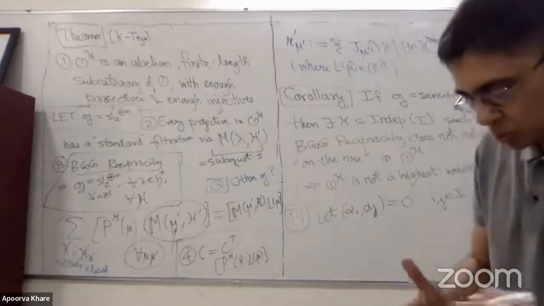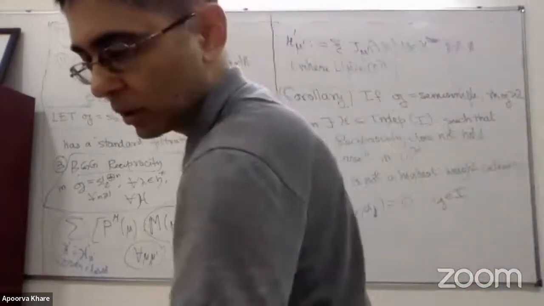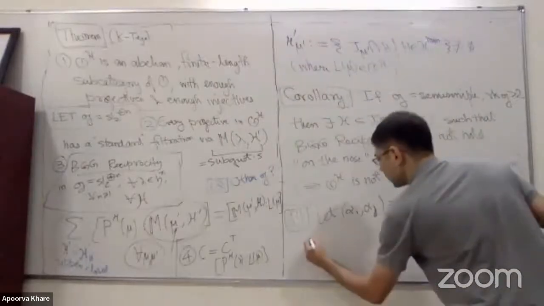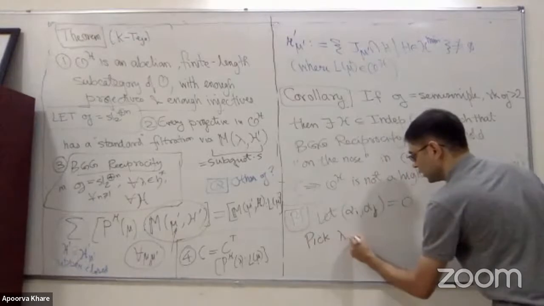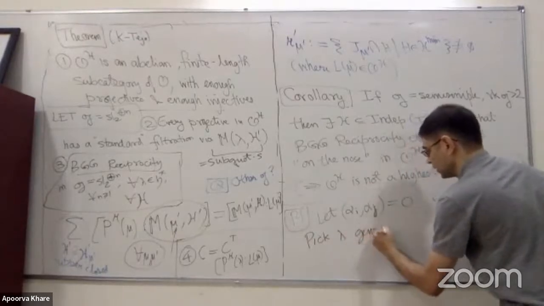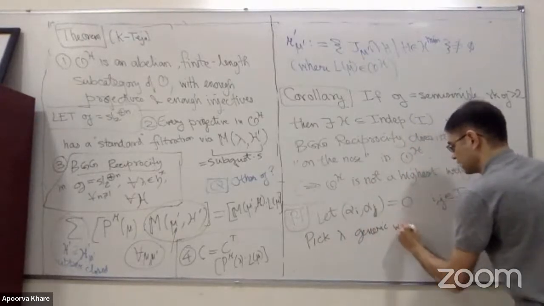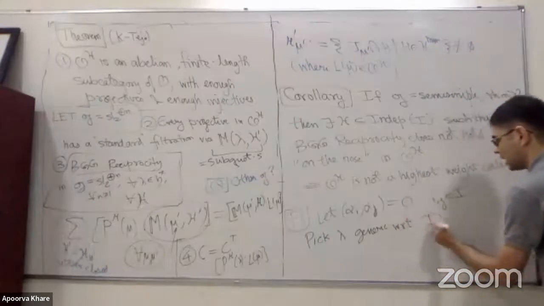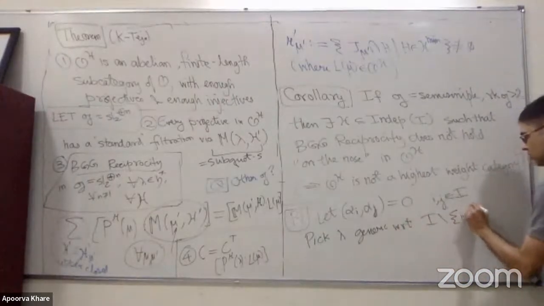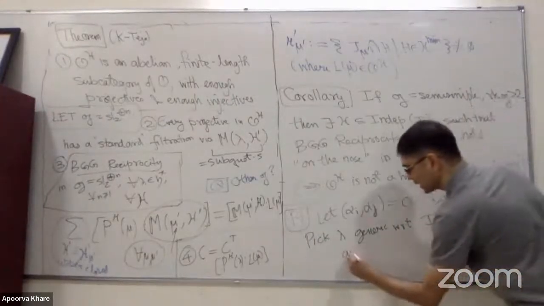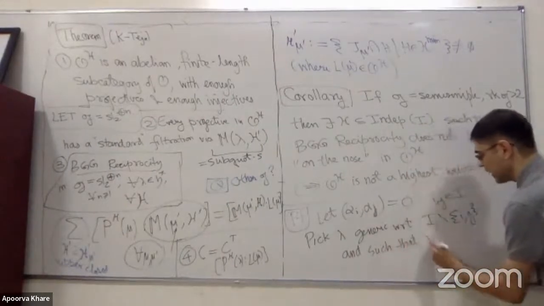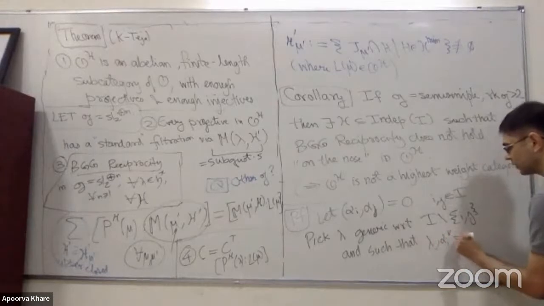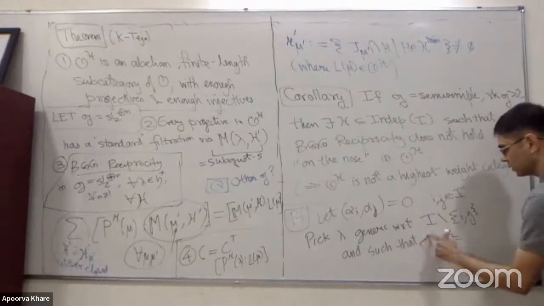And now what I do is choose lambda to be generic with respect to the remaining nodes, I minus I comma j, and such that lambda of alpha I check equals lambda of alpha j check equals 0.